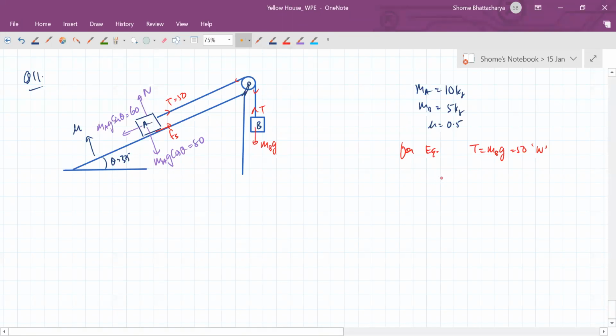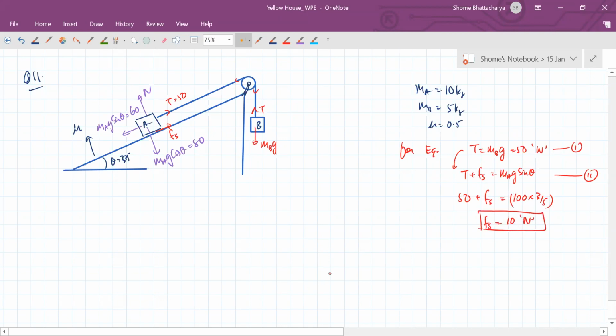So for the block A, you can see tension plus static friction will balance the weight's sine component. So substitute the tension here: 50 plus this should be equal to 100 into 3 by 5. So static friction's magnitude will come out to be 10 newtons and direction will be up the inclined plane.